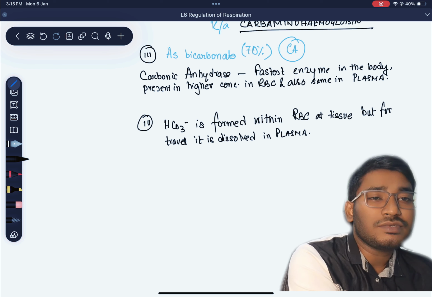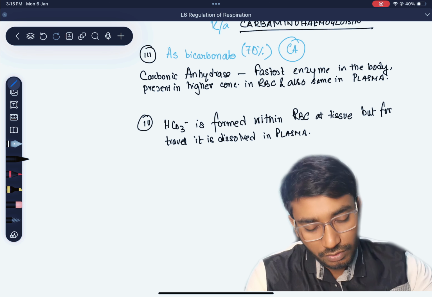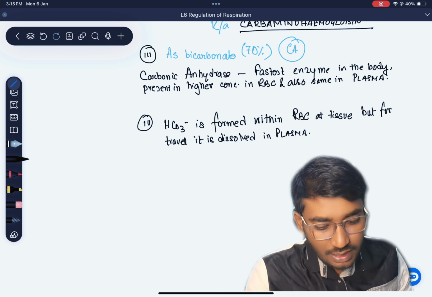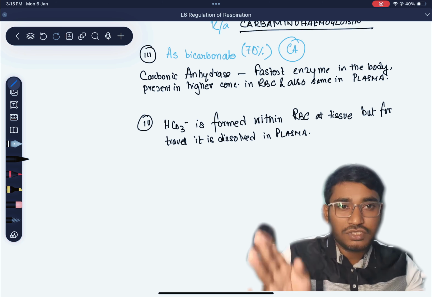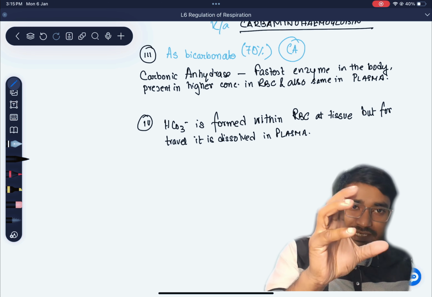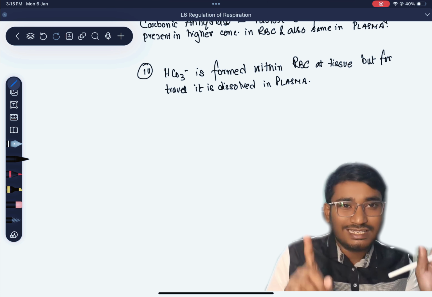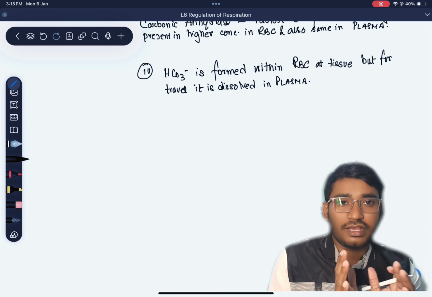Now comes the next topic: note. You have to write a note. After that I will give a flow chart of the transportation of the gases and enzymes. It will take time for me to draw, but it is very important because it will give you a gist of the total reaction.